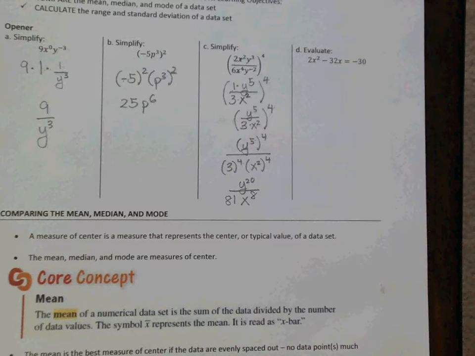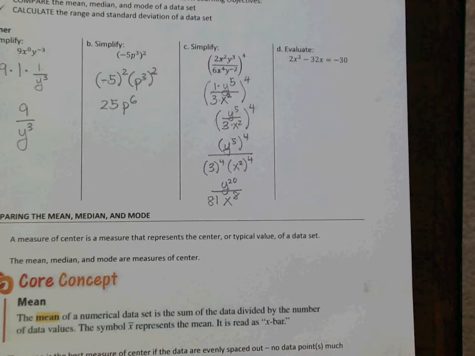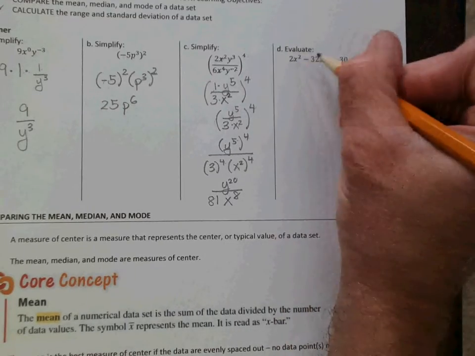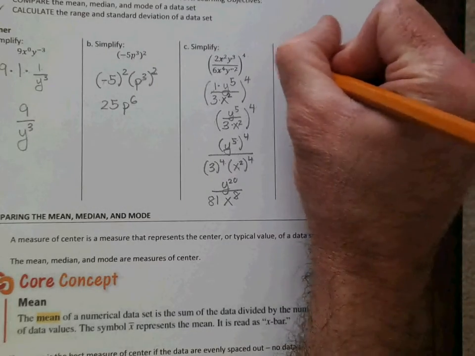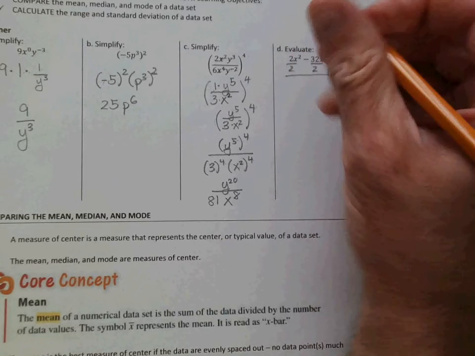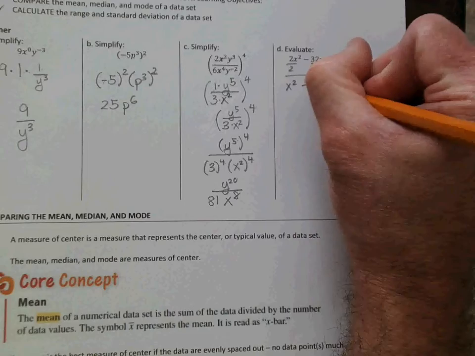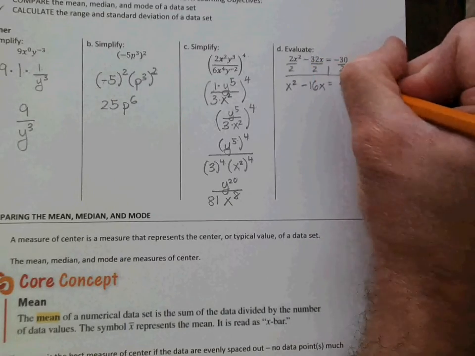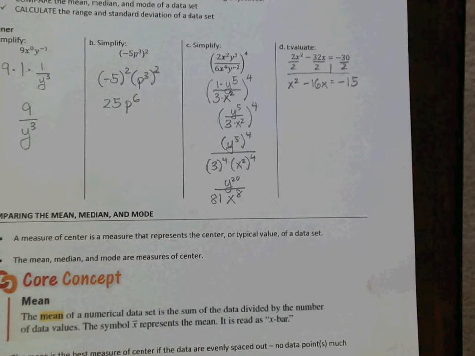Okay, hopefully you've tried D. If not, pause the video and then come back. So the very first thing I notice about D is all of the coefficients are even, so before I even do anything, I'm going to divide everything by 2. And I'm going to get x squared minus 16x equals negative 15. So I have a variety of options.